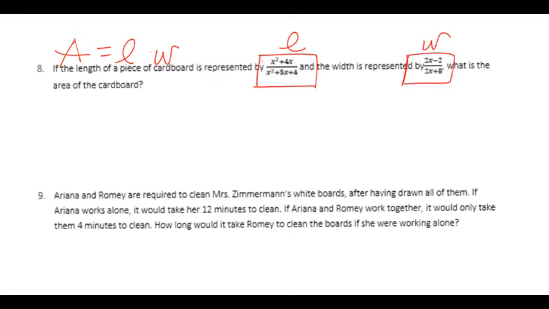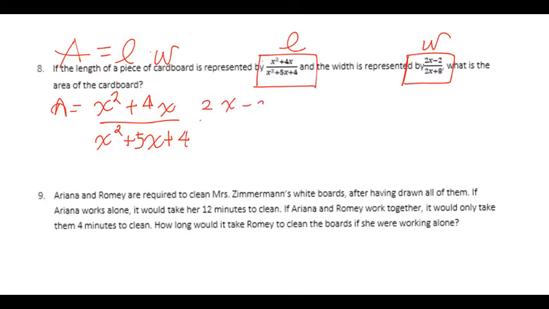So really they're just asking you to multiply two rational expressions, which is the same as what we've been working on. So area is equal to x squared plus 4x over x squared plus 5x plus 4 times 2x minus 2 over 2x plus 8.